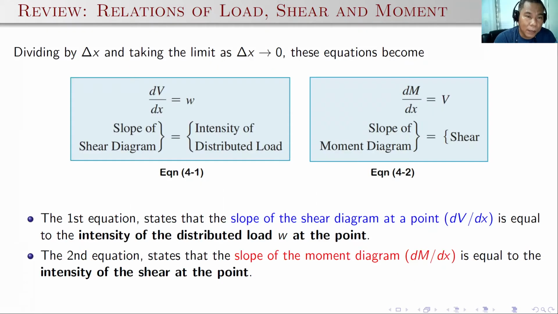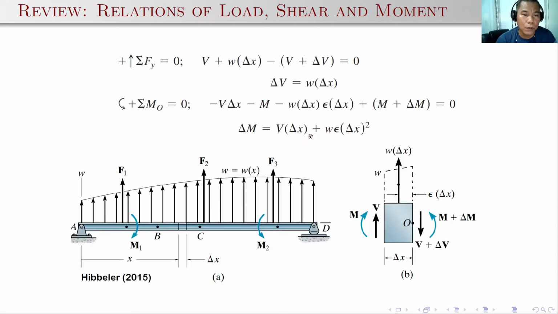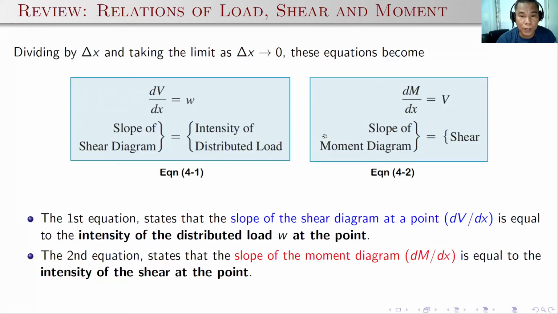So dividing by delta x and taking the limit as delta x approaches 0, these two equations, the change in V equal to w delta x and delta M equal to V delta x plus w epsilon delta x squared, will become these equations. So the change in shear, that is dV over dx, is simply equal to the uniformly distributed load.